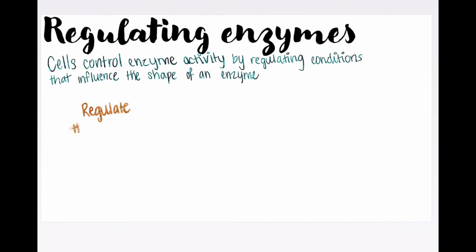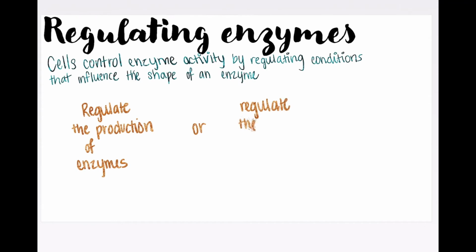So your cells actually can do this in two ways. One, they can regulate the production of enzymes in the body, or the second way is that they can regulate the enzymes that have already been created. Enzymes that are already there within the body would need a way to regulate them as well.